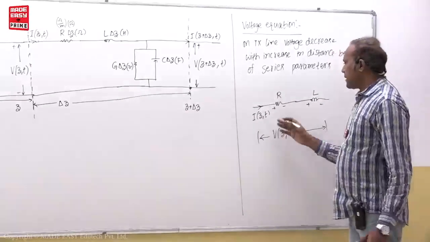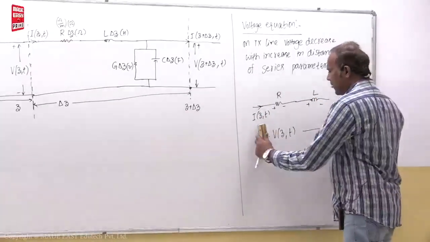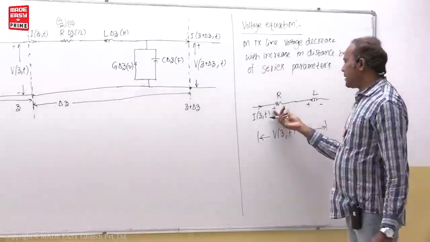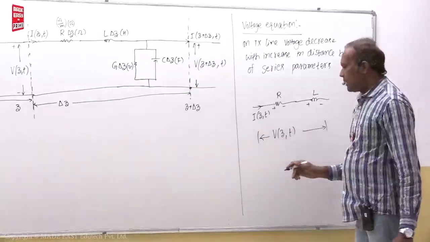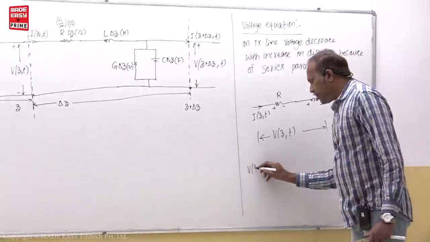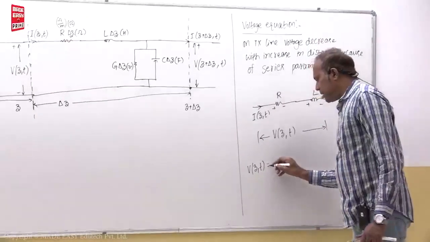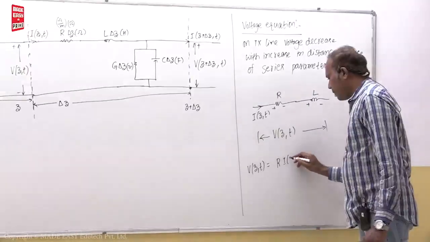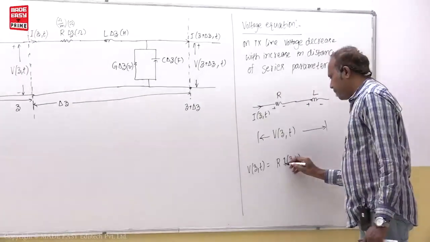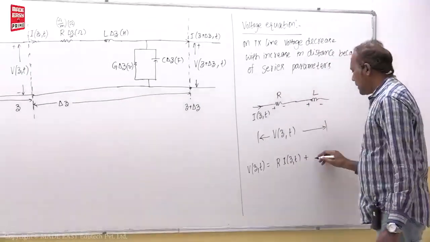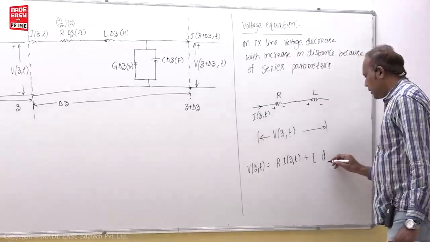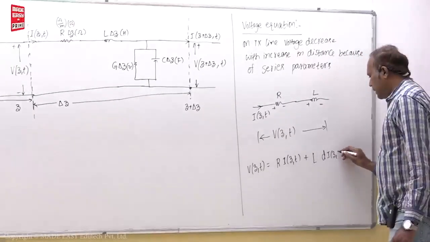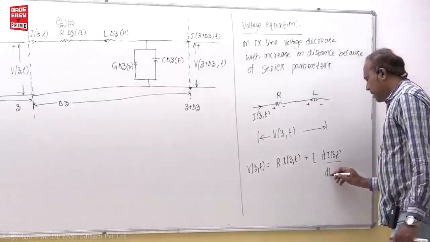The total voltage V of z comma t is equal to the voltage across R plus the voltage across L. So V of z comma t is equal to R into I of z comma t plus L into di of z comma t divided by dt.